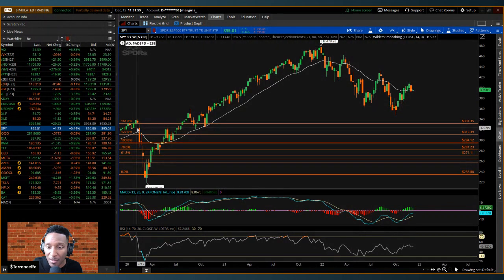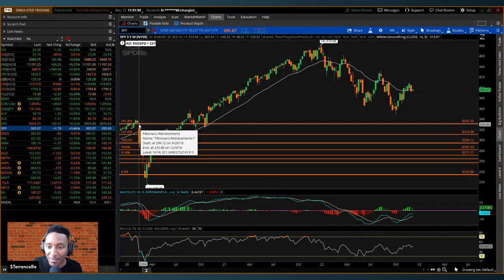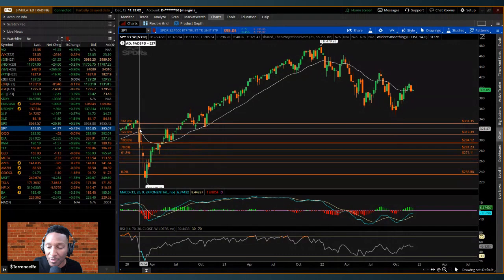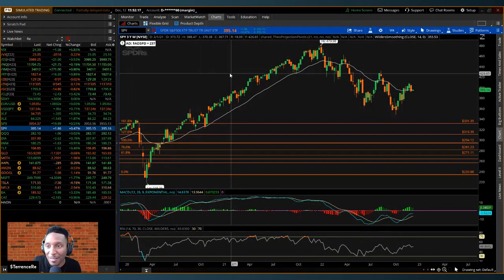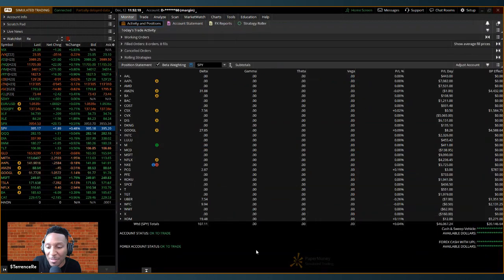In that first week when it hit, the SPY went from a high of 333 to a low of 285. So that's roughly $49 in 1 week. The SPY went down, boom, right?